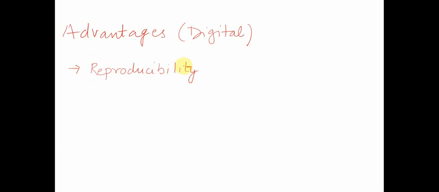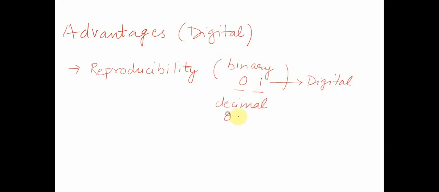As we spoke about it, digital systems will have some set of values which will not be continuous but discrete, right? Usually when we have a binary number system, which all of you might know, it's either a value 0 or a 1. This is a digital system, correct? Once we are dealing with zeros and ones, or for decimal numbers 0, 1, 2, up to 9, we have reproducibility of results.